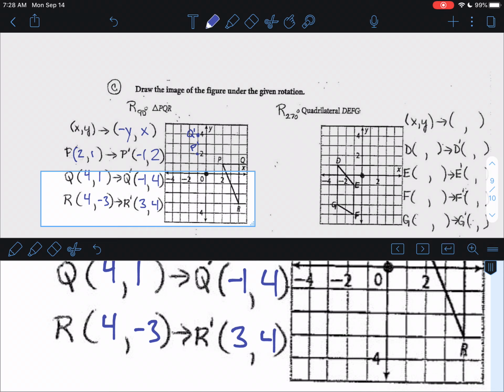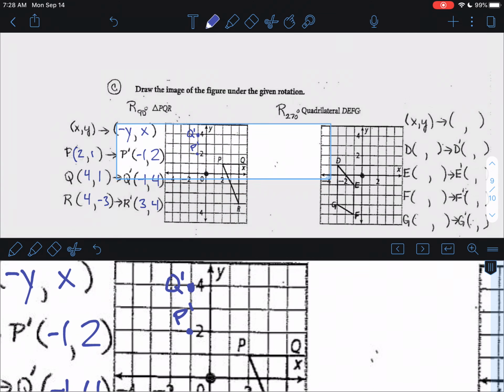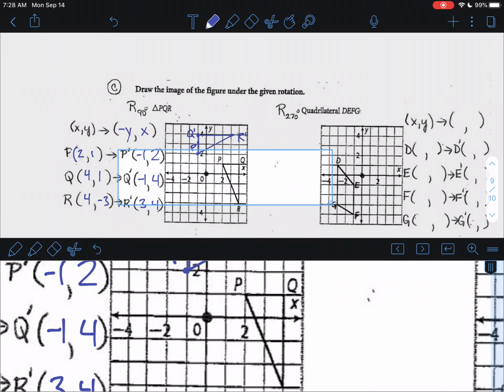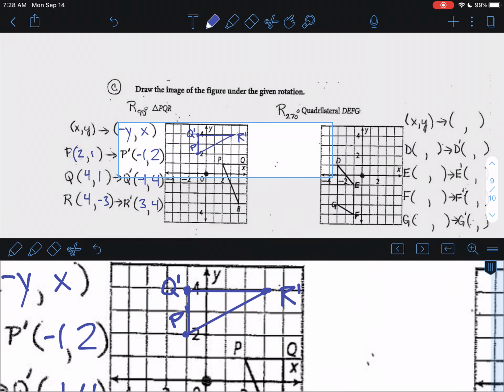So it went from (4, negative 3) to (3, 4). 3, 4 is right there, and that is my R prime. Now I just need to connect the points. And there we have a 90-degree rotation of triangle PQR onto the new triangle P prime, Q prime, R prime.